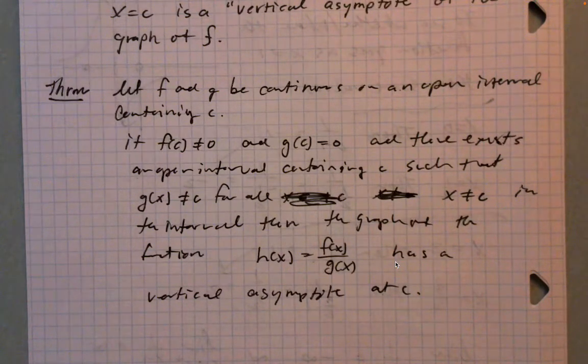Okay, so this is basically a nice theorem for cleanup on rational functions. What this gives us is the criteria for a rational function having an asymptote wherever the denominator is undefined. We'll see some really good examples of this at work in a moment, but hopefully this is clear.